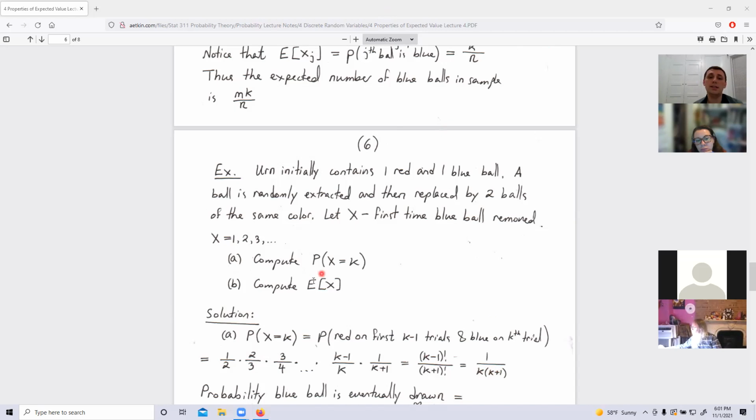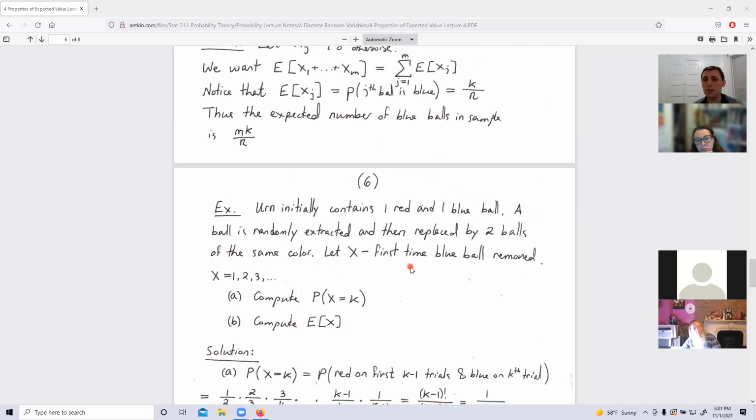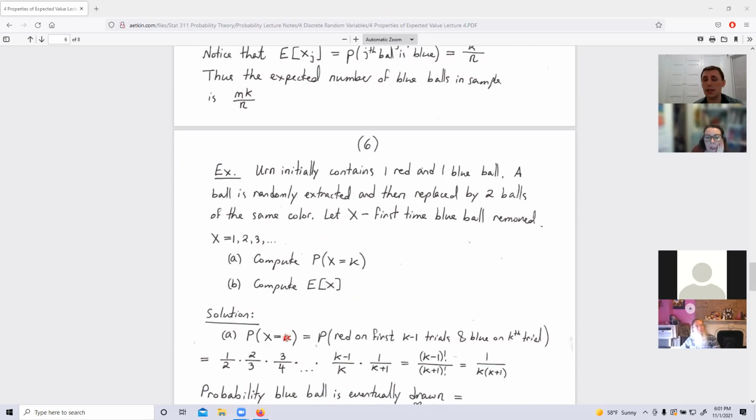Now, what do you think is the expected value of x? So you see the probability that I will get a blue ball on the kth trial is 1 over k plus 1.